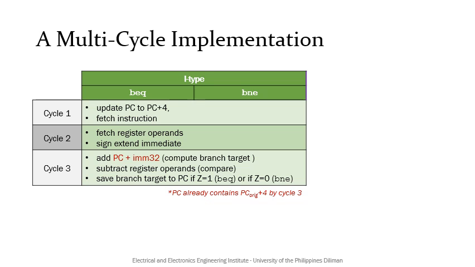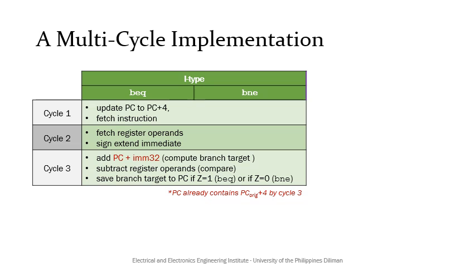Here, we lay down the division of steps we'll assume and use for the last set of instructions we will support: the BEQ, BNE, and jump instructions. For BEQ and BNE, the first and second clock cycles are the same as the previous instructions. For the third clock cycle, the branch target is computed and saved to PC depending on the comparison result.